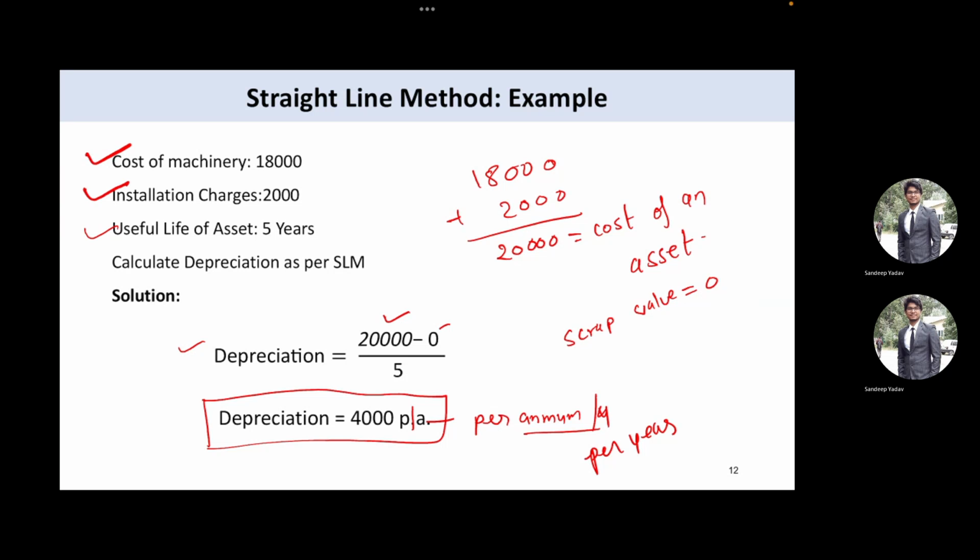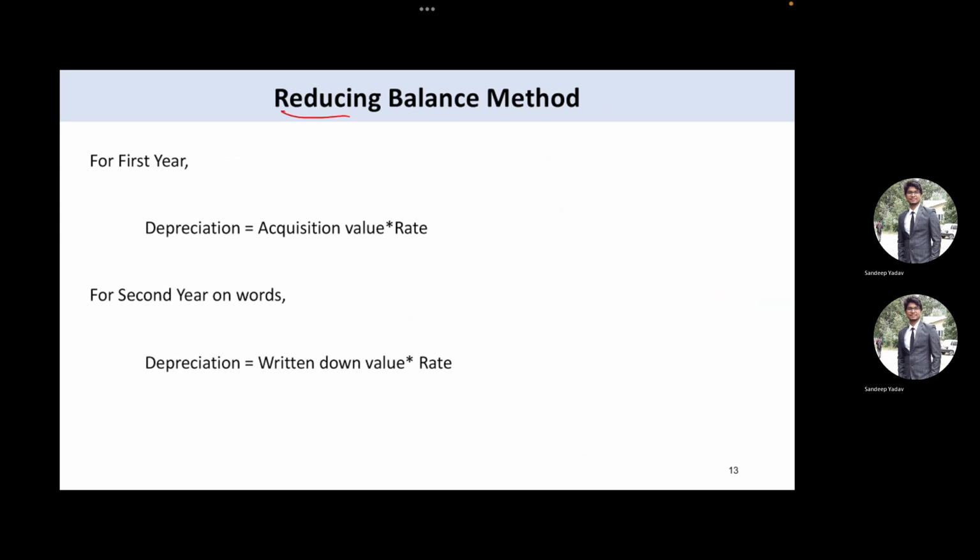Now let's move on to the second method, that is the reducing balance method. Here for the first year, depreciation will be acquisition value, or we can say buy value, into the depreciation rate, and from the second year onwards, the written down value.